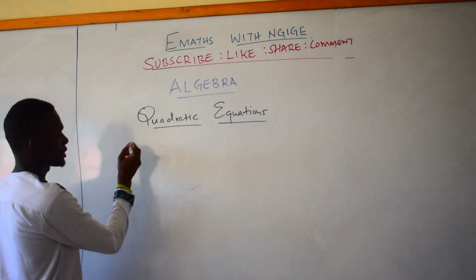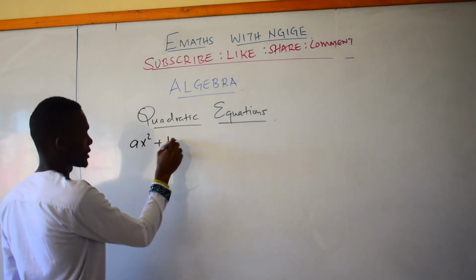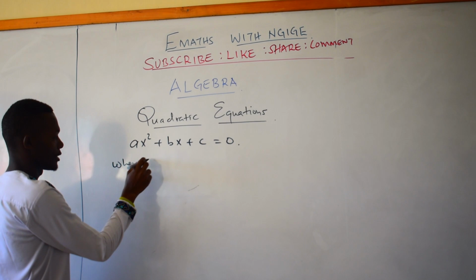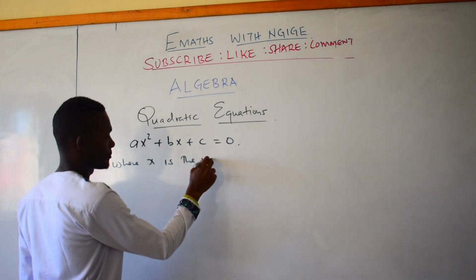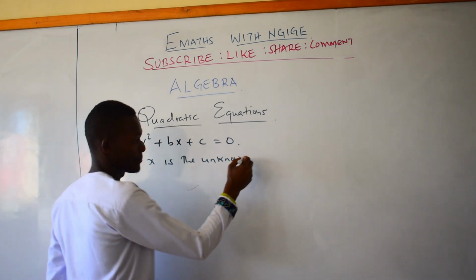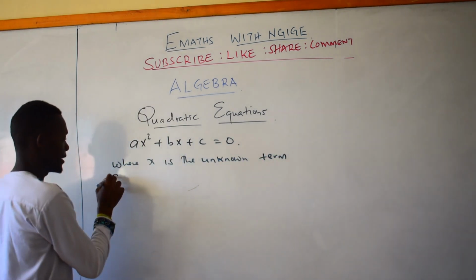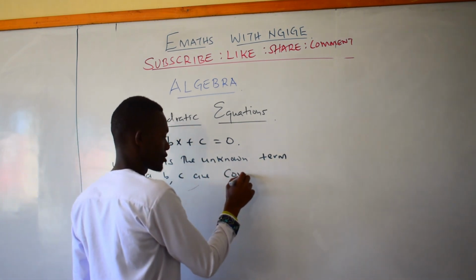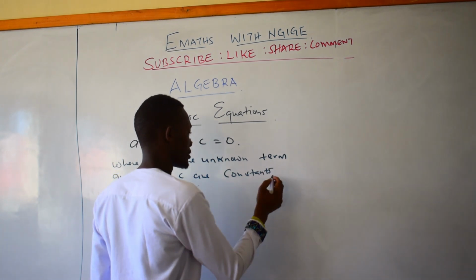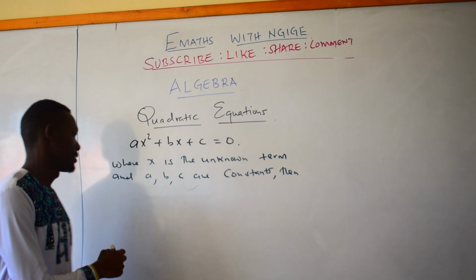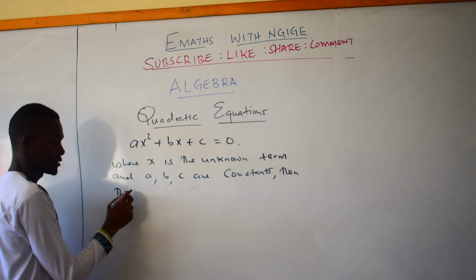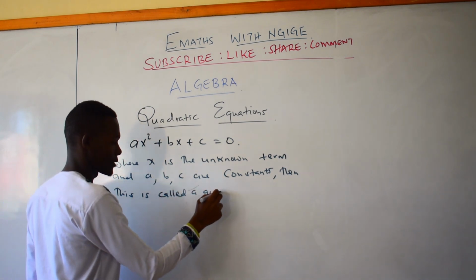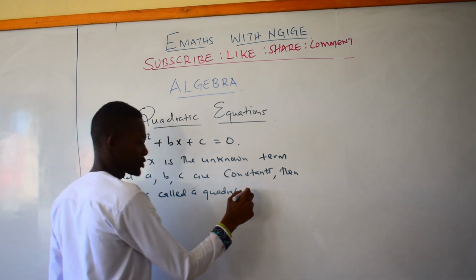When you have an equation written in this form, ax squared plus bx plus c equals 0, where x is the unknown term, and a, b, c are constants, then this equation is called a quadratic equation.